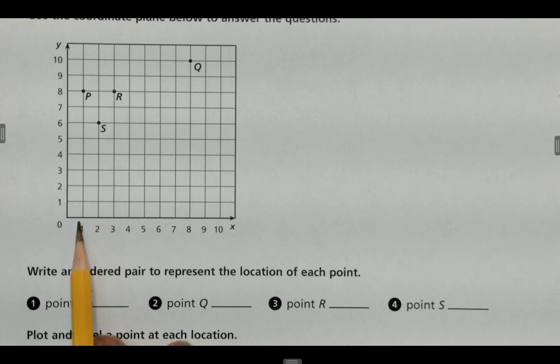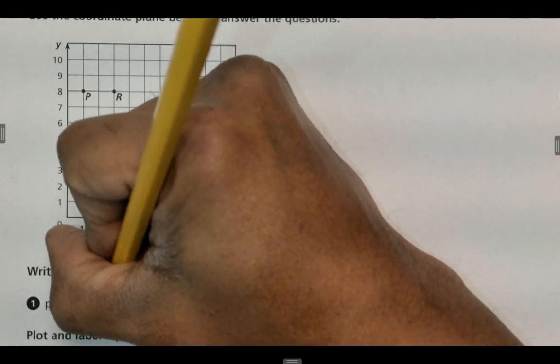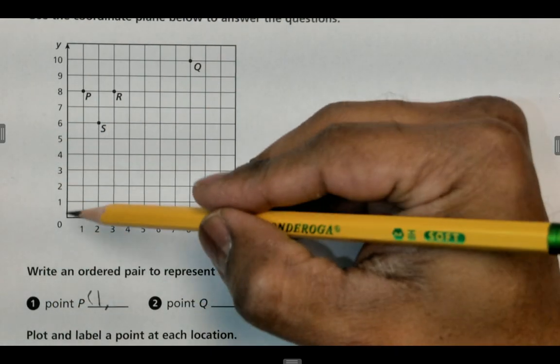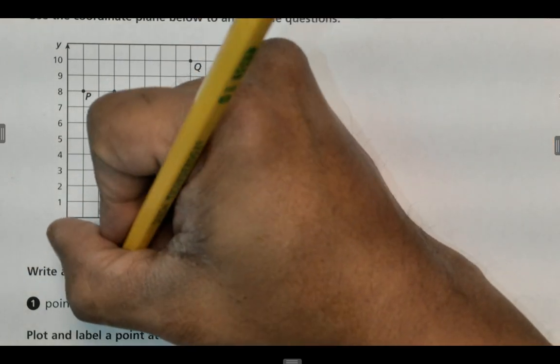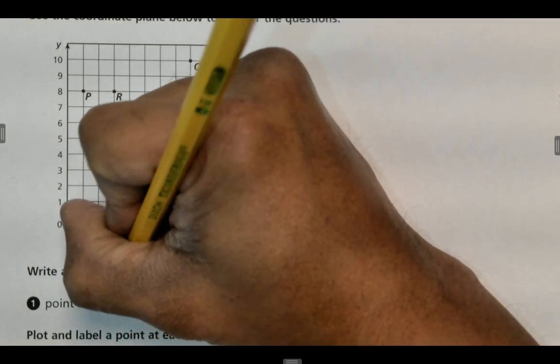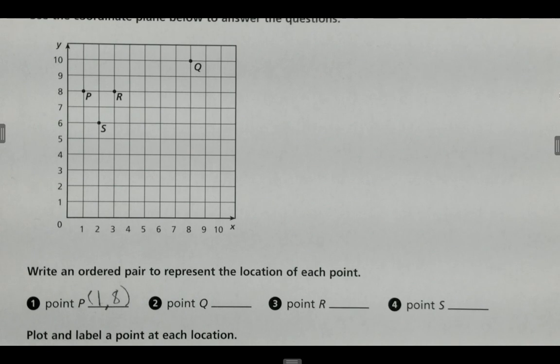So our ordered pairs can be surrounded by parentheses. Starting with 0, we go 1 across, then I'm going to put a comma, and then we go 8 up. Now, sometimes when you're learning this in 4th or 5th grade, students will get these two mixed up.